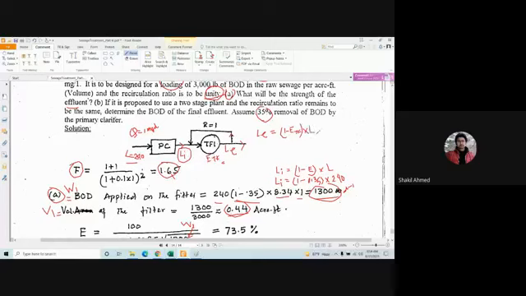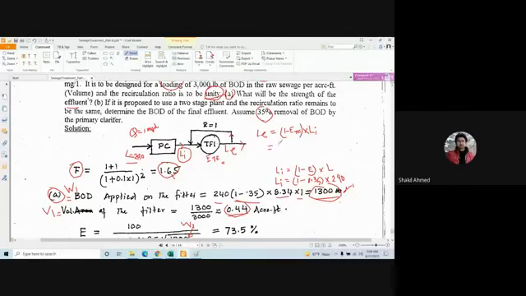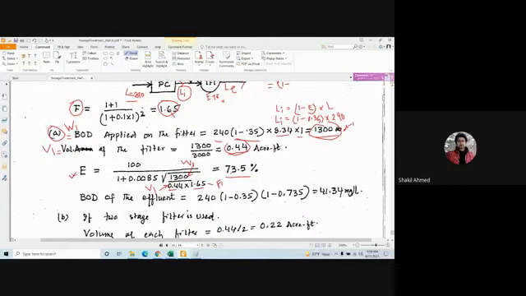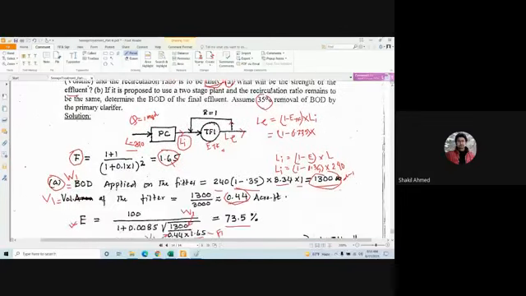So 1 minus 0.735, multiplied by Li. Li is 1 minus 0.35, multiplied by 240.